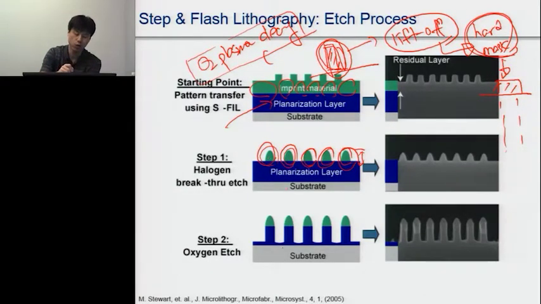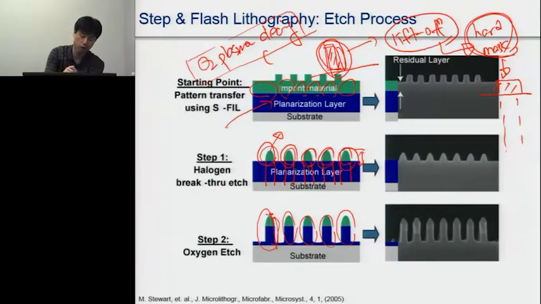So if we want to achieve much higher resolution of patterns, using this green imaging layer as a mask, we can dry etch and transfer the green patterns to the blue patterns. Using this way, we can make a much higher aspect ratio of the nano patterns.